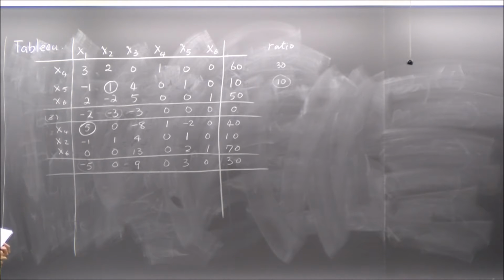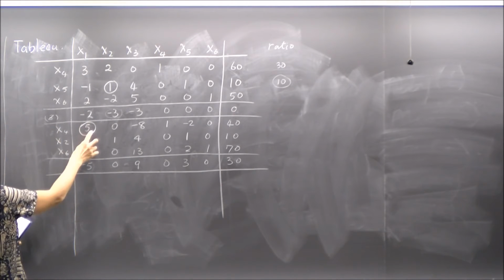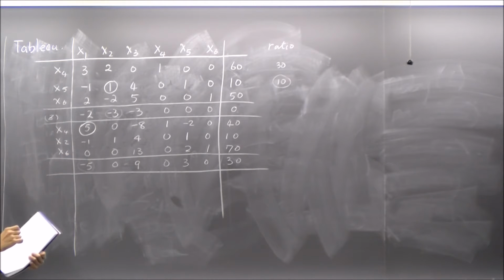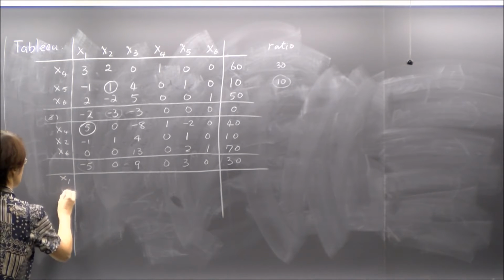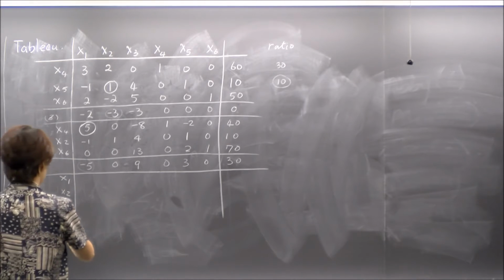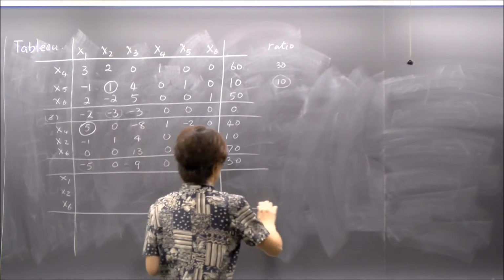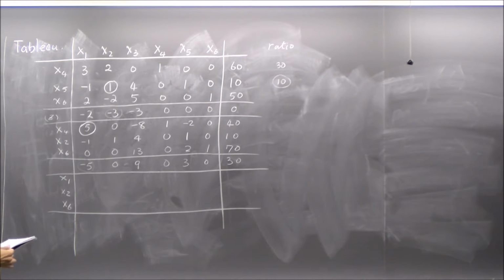Okay. This part you have to be very clear in your head what you have to do. So what it means is I will be bringing in x1 to replace x4. Okay? So I have x1 here, x2, and x6. Those will be my new basic variables. Okay, so let's perform the pivoting.